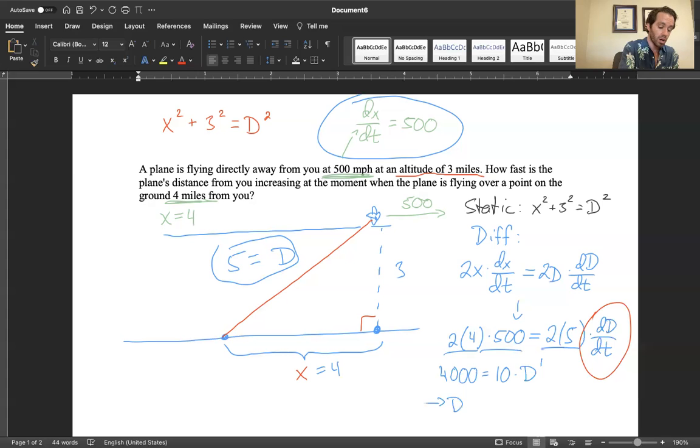And so D prime equals 400. At the end of a related rate problem, because the answers are usually physical, you do say miles per hour, or if you want to phrase it the same way as the original problem, you can say mph, like that. There you have it. Cool, huh?